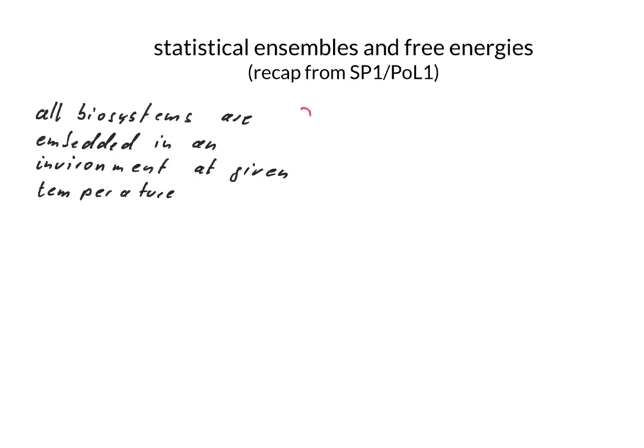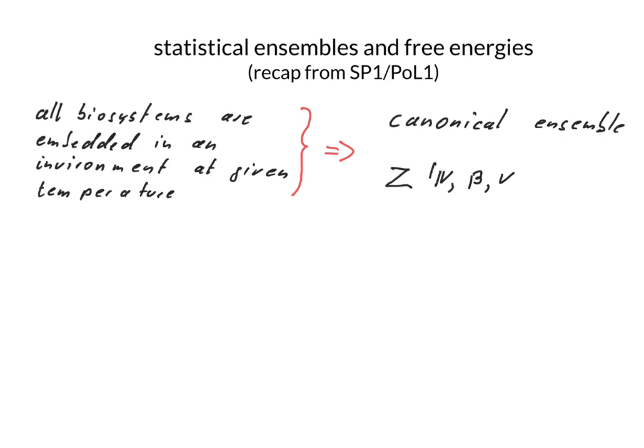Hence, the ensemble that we should use in order to describe the system in the sense of statistical physics is the canonical ensemble. The partition function of the canonical ensemble, Z, depends on three parameters: N, the number of particles, beta, the inverse temperature, and the volume.